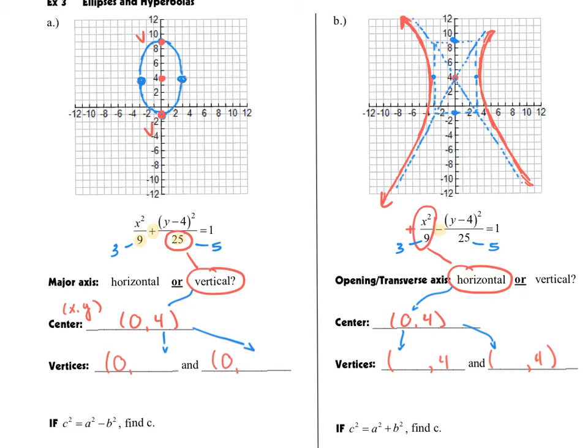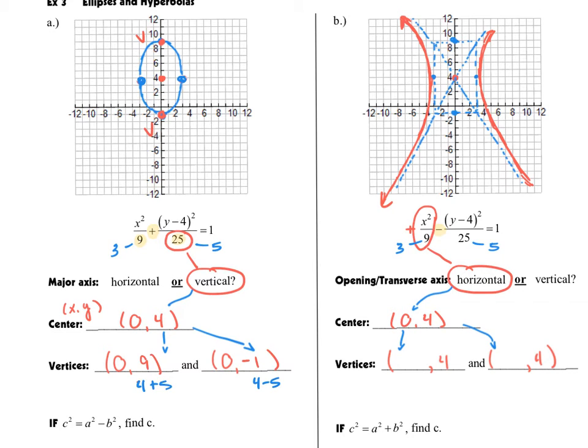And what we know is we got those points by adding and subtracting 5 from that y-coordinate of the center. So what I'm really thinking is a 4 plus a 5 and a 4 minus a 5. That's going to tell me that one of the vertices is at 9 and the other vertex is at -1. And those do in fact match our graph.